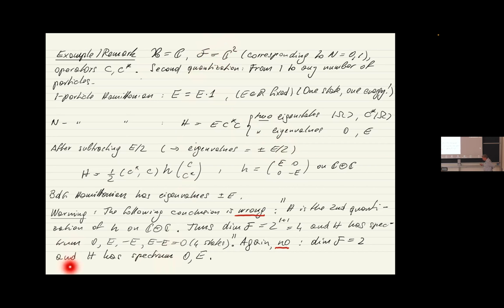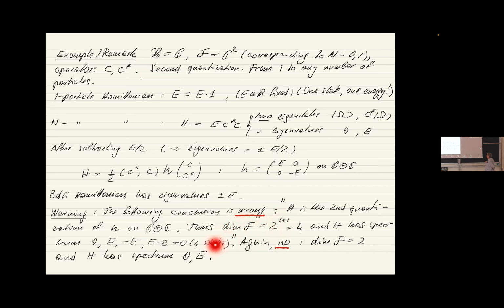So here is a conclusion that is in fact wrong. You could say this thing here looks pretty much like this construction here, and you could say that this capital H is the second quantization of the Bogoliubov-de Gennes Hamiltonian. But if that were so, then what is the dimension of the Fock space if the basic Hilbert space has dimension n?